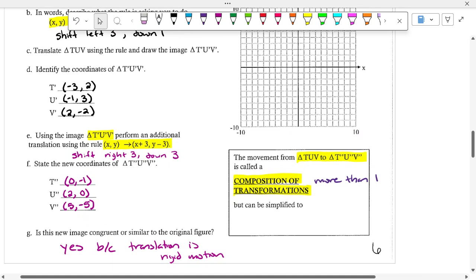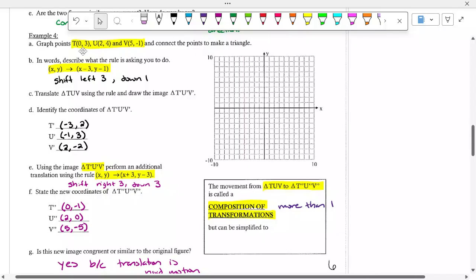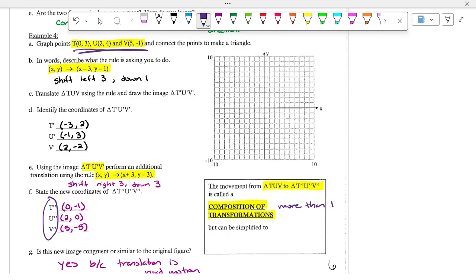Because all we did was 2 translations. So technically, we could just make it one big translation. So look at the points for TUV and look at the points for the double primes. What could be a straight shot translation?